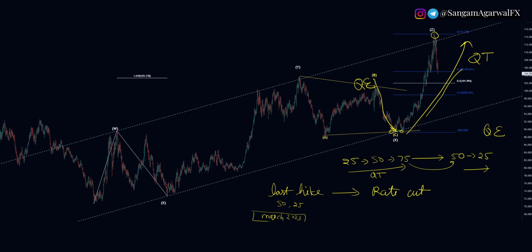And they are saying they will hold the interest rate, that is called a Fed pause, and that depends on the Fed. They hold the interest rate for 1 month, 3 months, 6 months, or maybe 1 year.